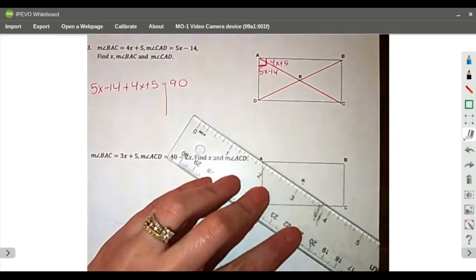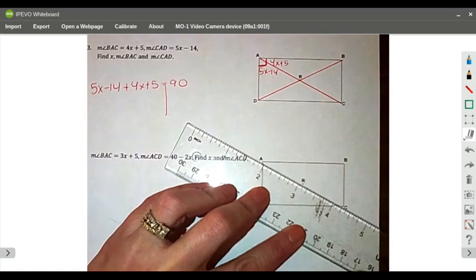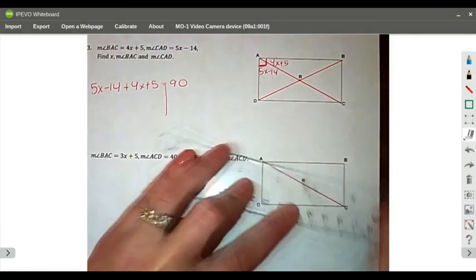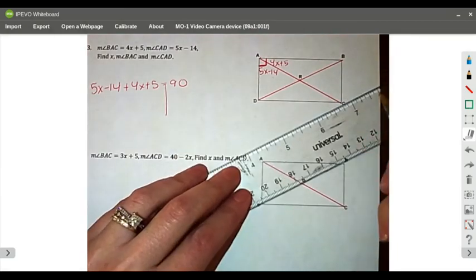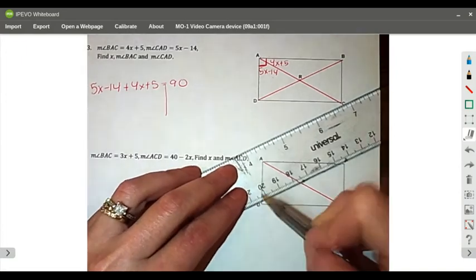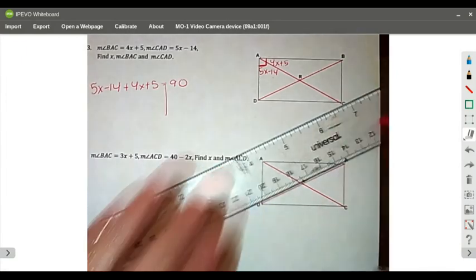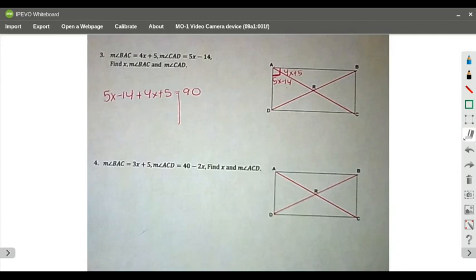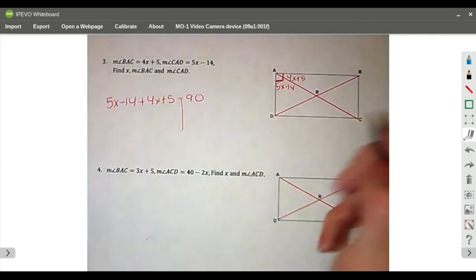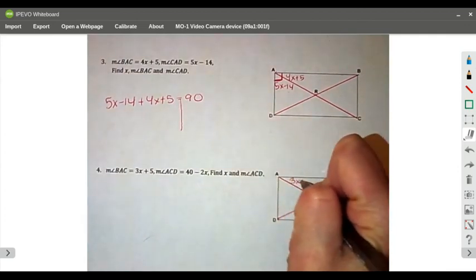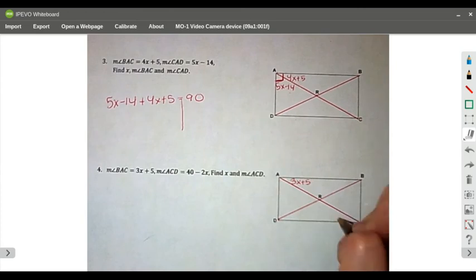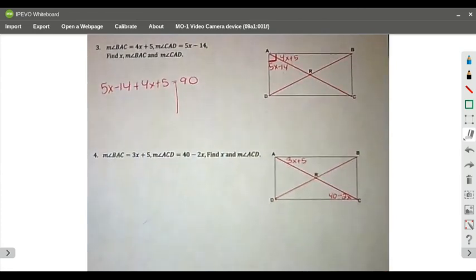And then let's take a look at this last one. It says BAC is 3x plus 5. ACD is 40 minus 2x. So sometimes they'll give you alternate interior angles like this.